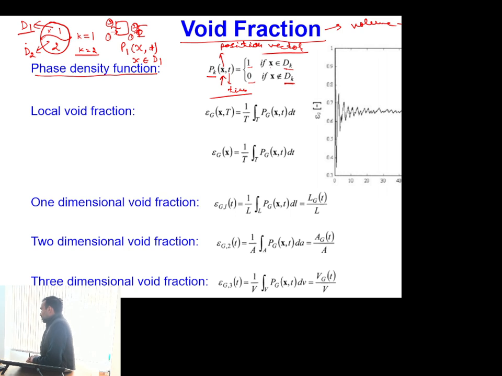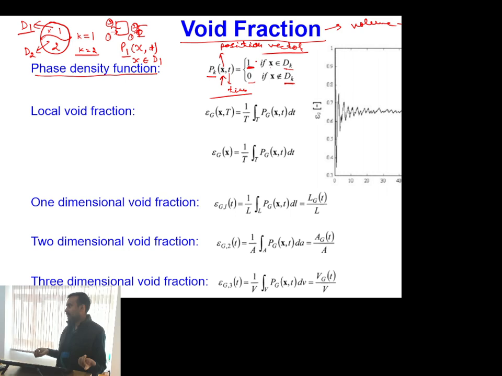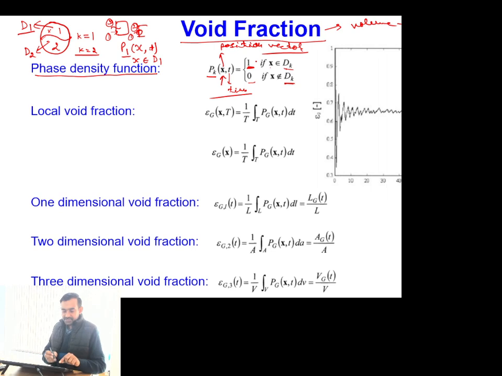Are all clear to this point? So corresponding to that, what should be the value of phase density function p1? It should be 1. If your position vector belongs to d1, then the value of the phase density function at that location for phase 1 should be 1.